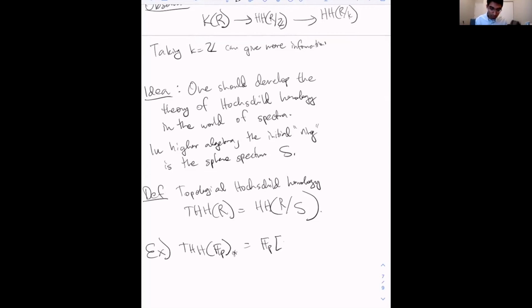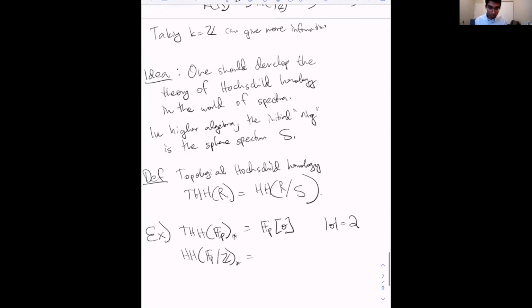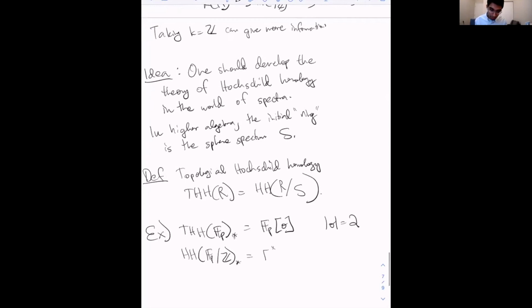It's a polynomial ring on a class in degree 2. By contrast, if you consider the Hochschild homology of F_p over the integers, what you obtain is somewhat less nice. It's a divided power algebra on the same class.